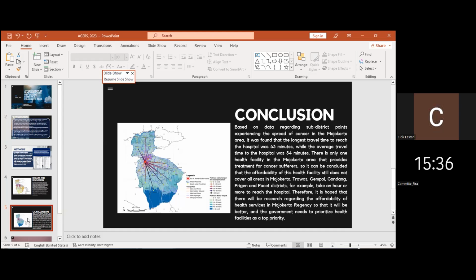There is only one health facility in the Mojokerto area that provides treatment for cancer sufferers, so it can be concluded that the affordability of the health facility still does not cover all areas in Mojokerto. Trawas, Gempol, Gondang, Prigen, and Pacet districts, for example, take an hour or more to reach the hospital. Therefore, it is hoped that the affordability of health service in Mojokerto Regency will be improved.